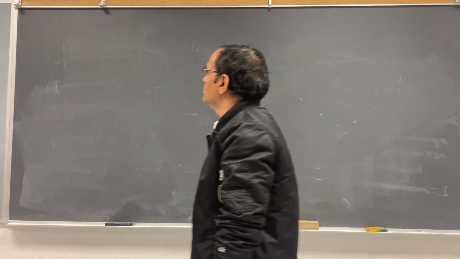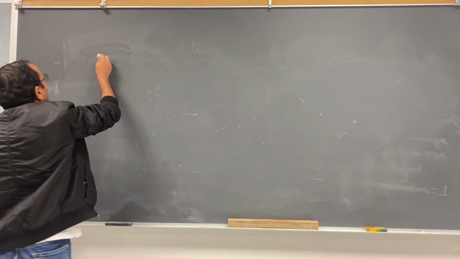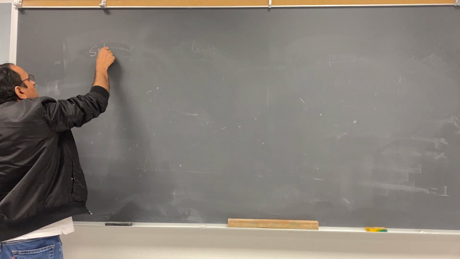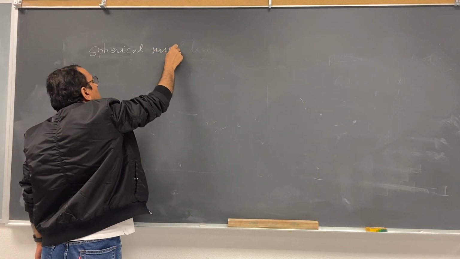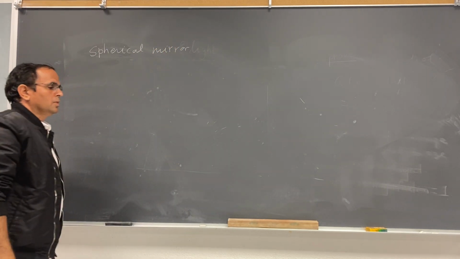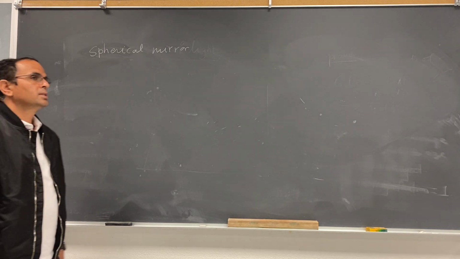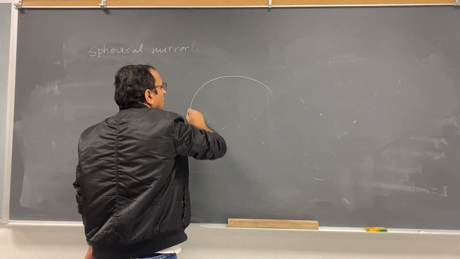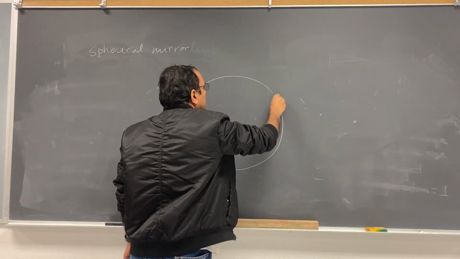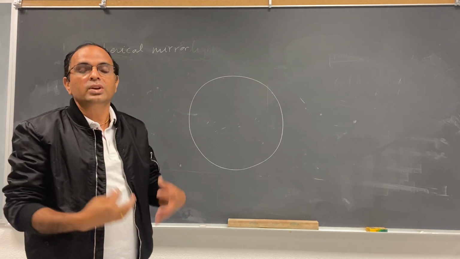And the other type of mirror, here I want to talk about the spherical mirror. The spherical mirror is something like this. Let us suppose you have a big sphere, a hollow sphere.